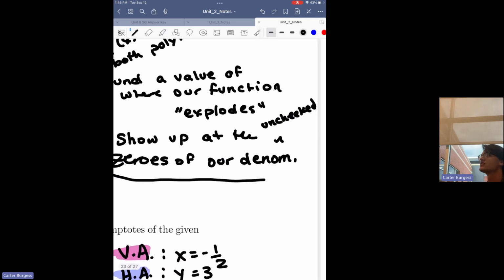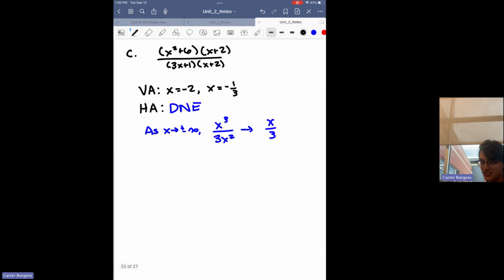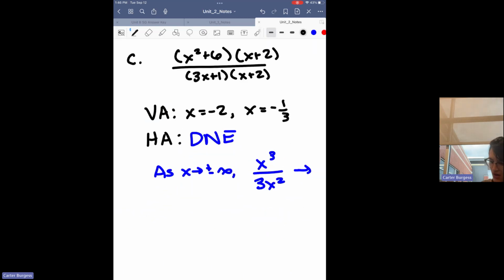And then I proceeded to not explain what that unchecked word is there for. But we see them around the unchecked zeros of our denominators. When is our denominator equal to 0? Well, our denominator is equal to 0 at, because of this 3x plus 1 root, negative 1 over 3, and because of this x plus 2 root at negative 2.